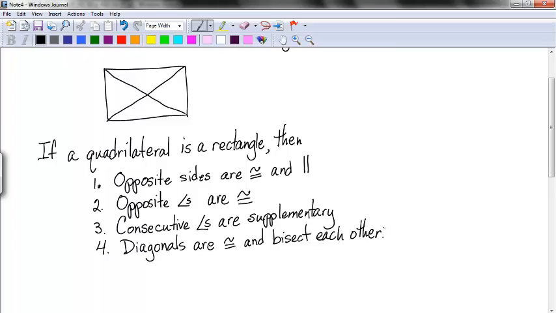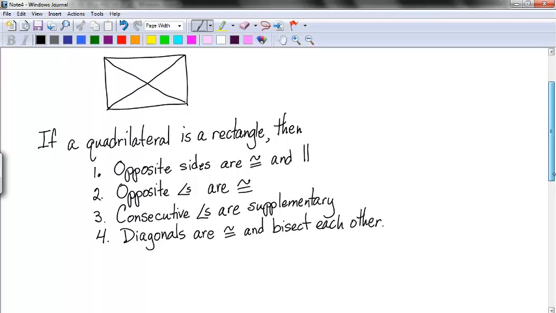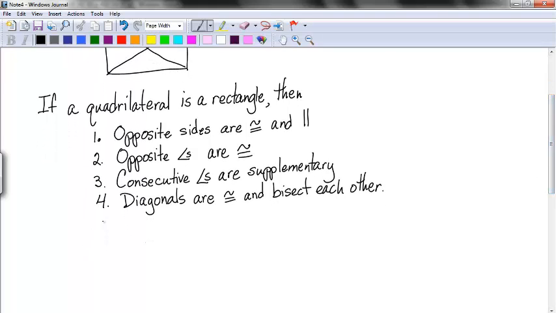They are congruent and they bisect each other. And the fifth thing that's true, if it's a rectangle, all four angles are right angles.